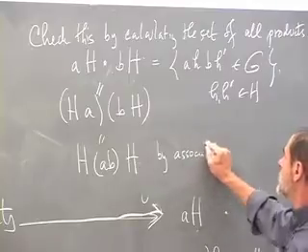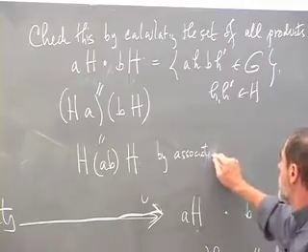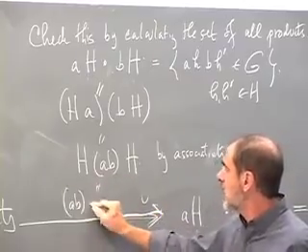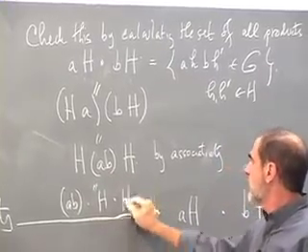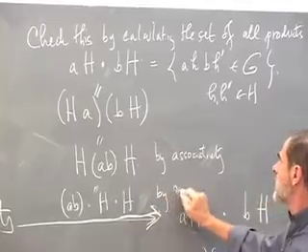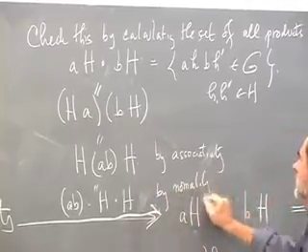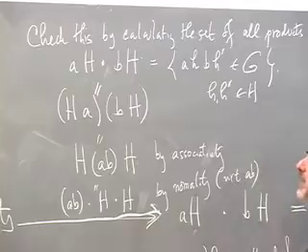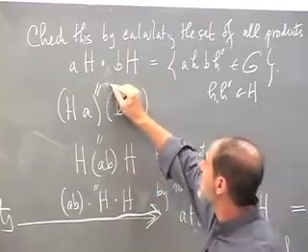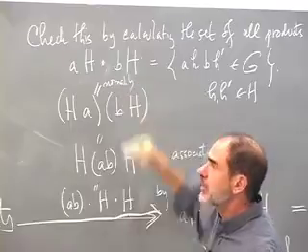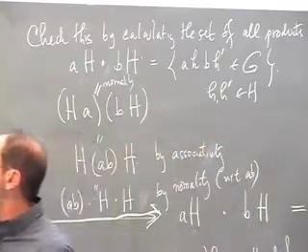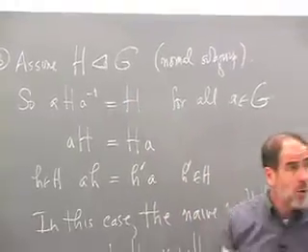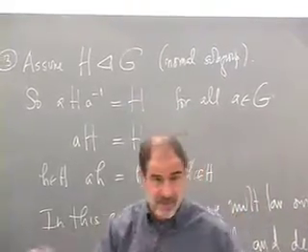And now I use the normality of H once again to rewrite this as AB times H times H by normality. Now this time with respect to the element AB, not with respect to the element A. This is by normality. Because for any element A in G, this is the case. We didn't just assume it for the unique element A. To be a normal subgroup, it has to be for any element.